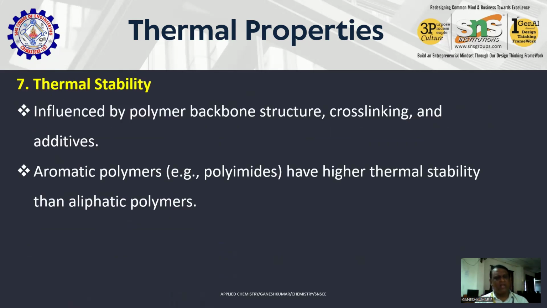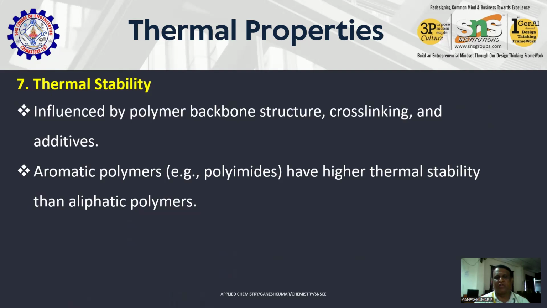Then what about thermal stability? It is influenced by the polymeric backbone structure, a cross-linked three-dimensional structure, and the addition of additives may bring some changes. As I said in the last session, cooking utensils have black-colored handles made of Bakelite.